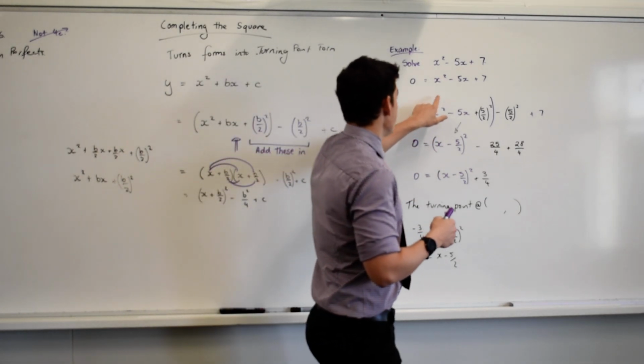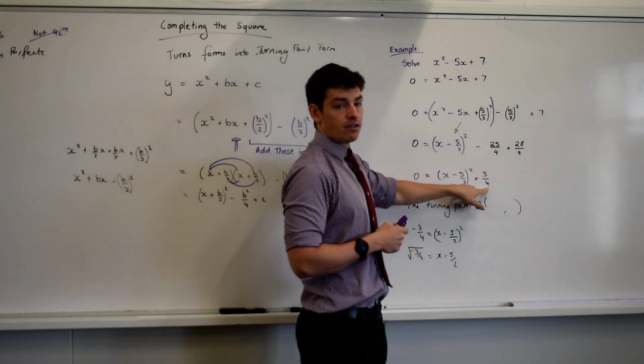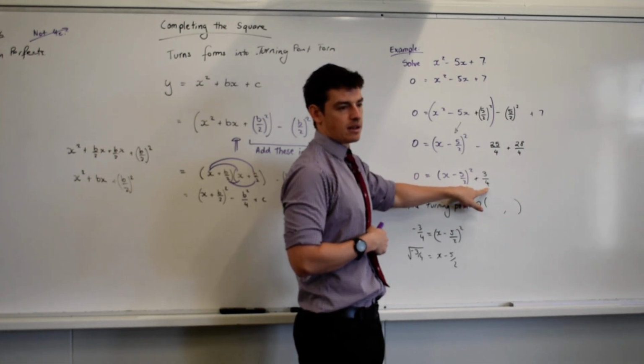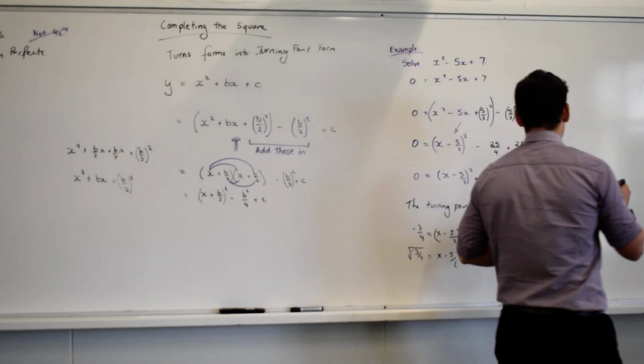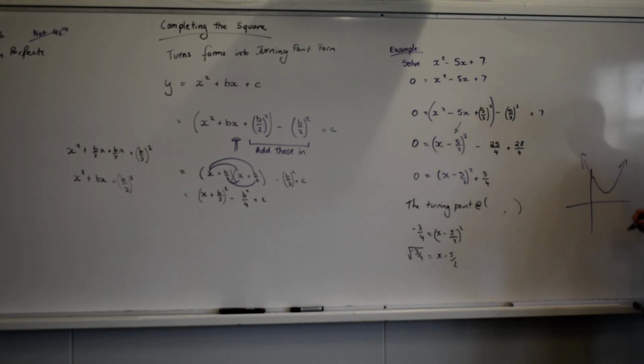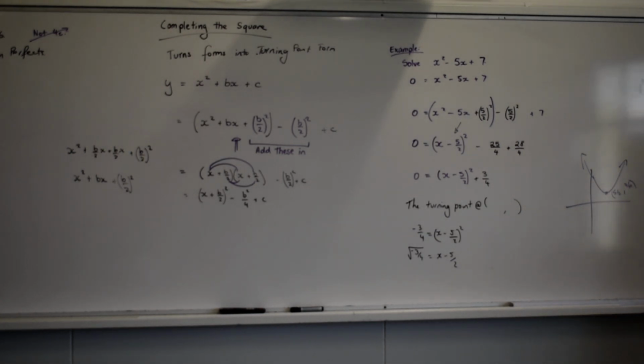One that's got a positive a value and starts above 0. That sounds like a quadratic which would have no x-intercepts, doesn't it? If I was to draw a rough sketch of this, it would look something like this, correct? And that point there is 5 on 2, 3 on 4, isn't it? So it makes sense. Cool.